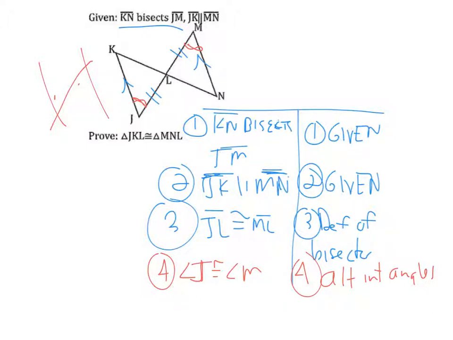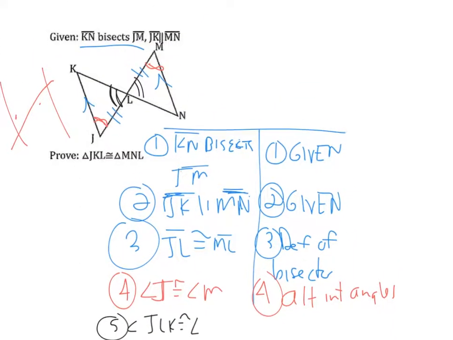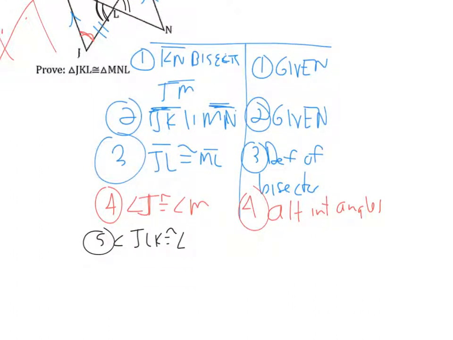Now, what I would say next is that these two are congruent because vertical angles are always congruent. So I would say angle JLK is congruent to angle MLN by vertical angles.